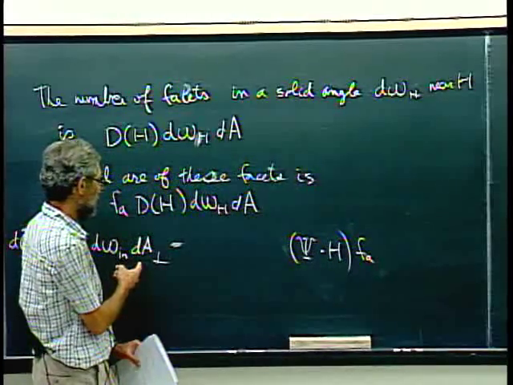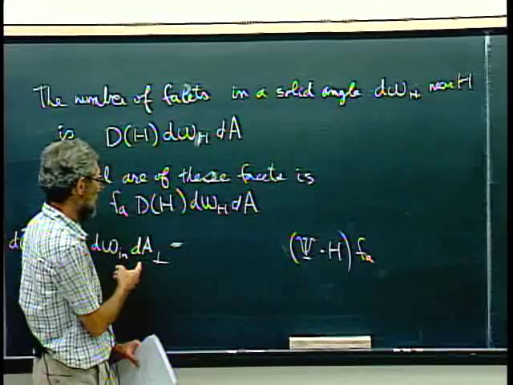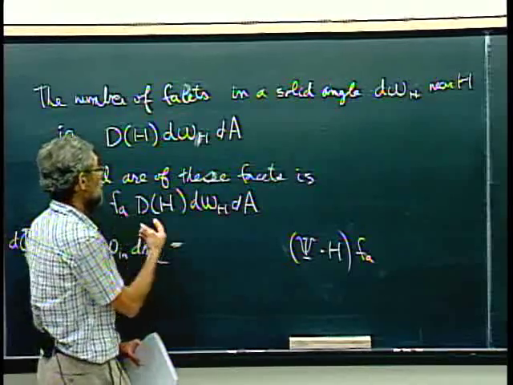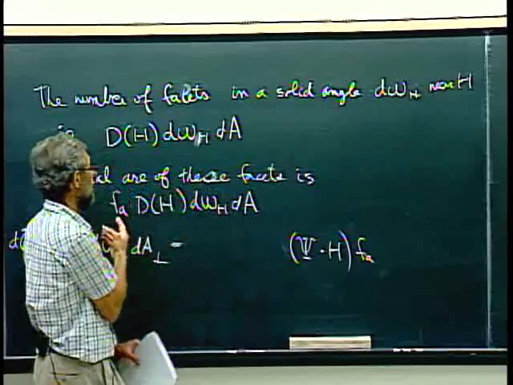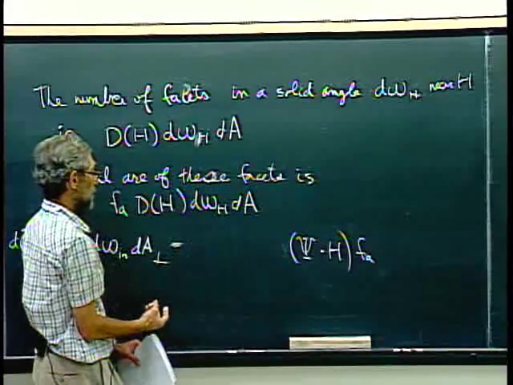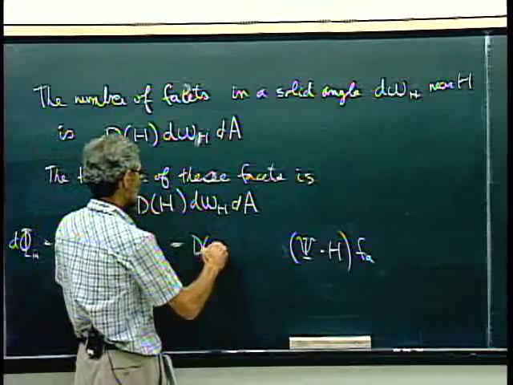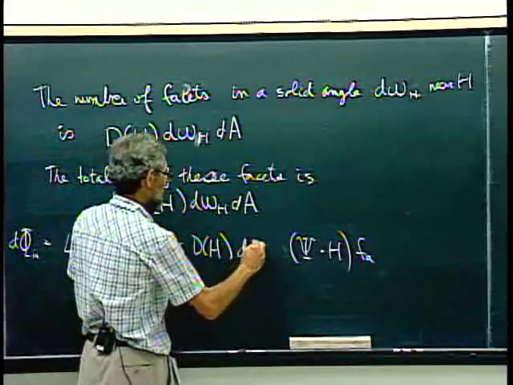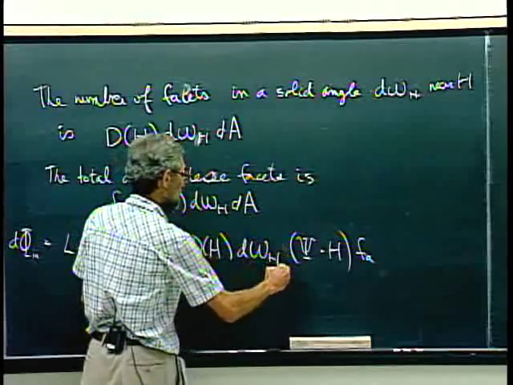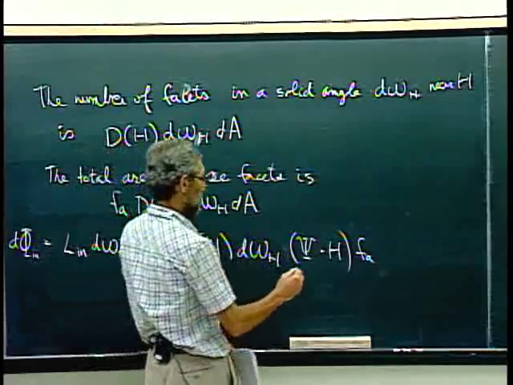So I guess if we multiply it by the total here, count of the facets with this area, we'll have d of h, d omega h, and then dA here.